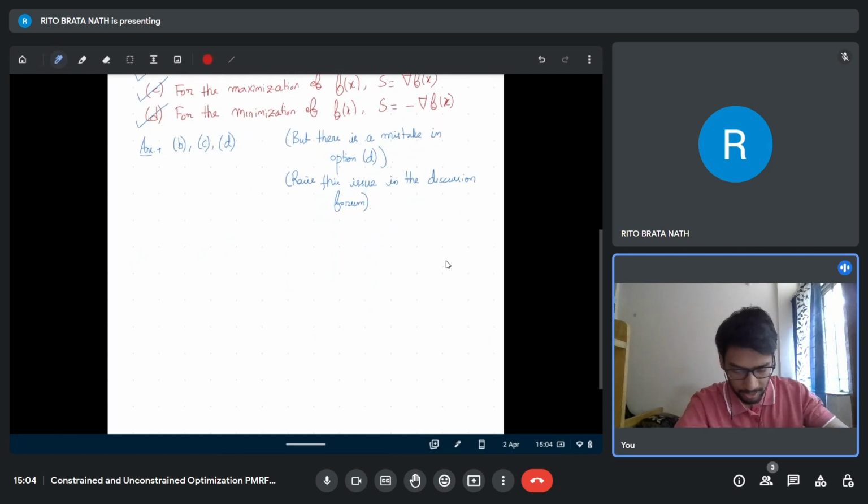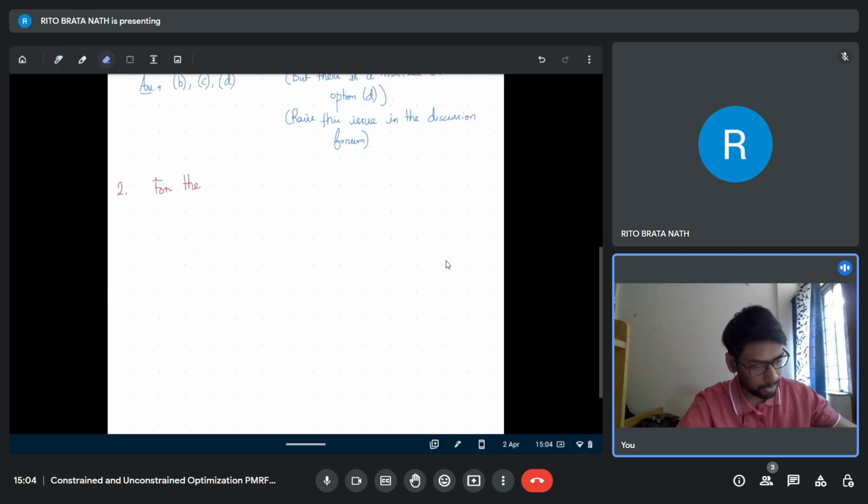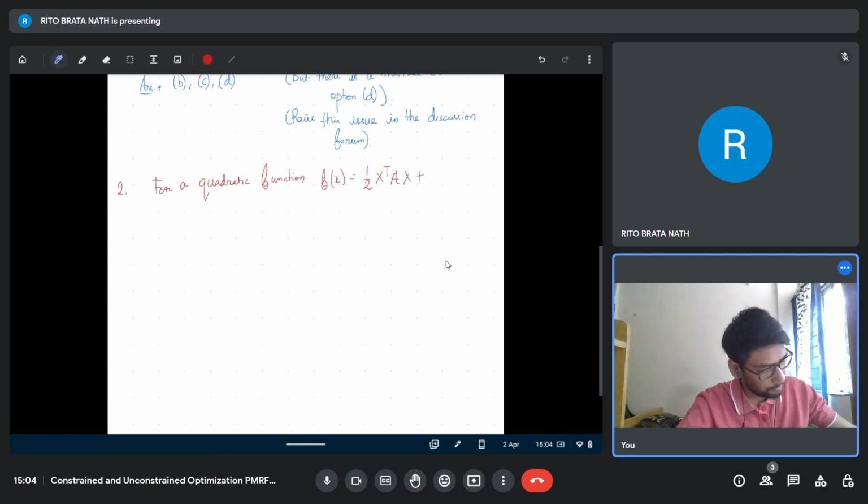It says that for a quadratic function, f(x) is half x transpose Ax plus b transpose x plus c.